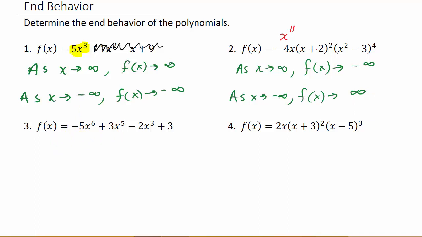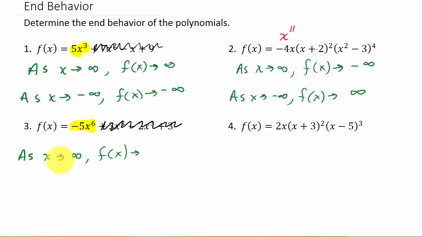So remember, I'm just looking at the term with the largest exponent. In this case, it's 5x to the 6th. So I don't care about anything else. All right, so as x goes to infinity, what does f of x go to?